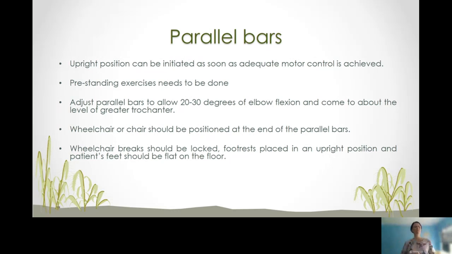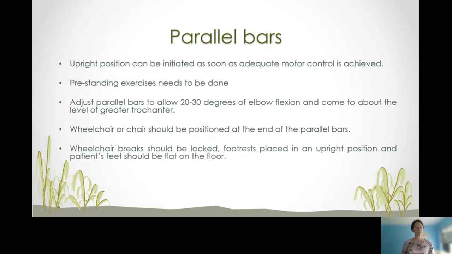So now, in an upright position, you've measured that there's adequate motor control. So now we start with our pre-standing exercises in the parallel bars.